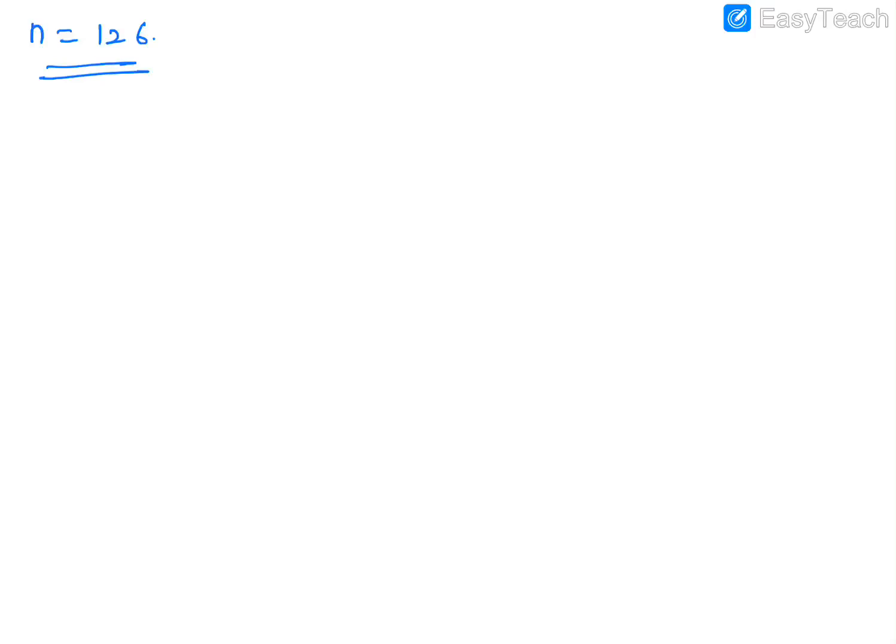Now the next problem we are doing is example number 20. These problems seem very simple in terms of calculation, but they are very important from the exam point of view.